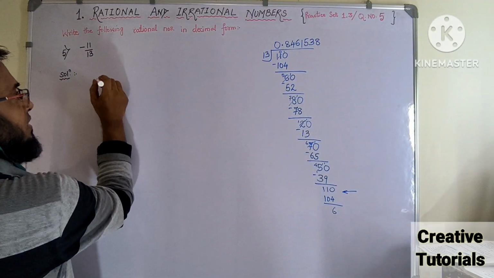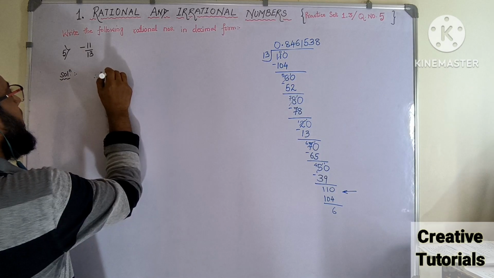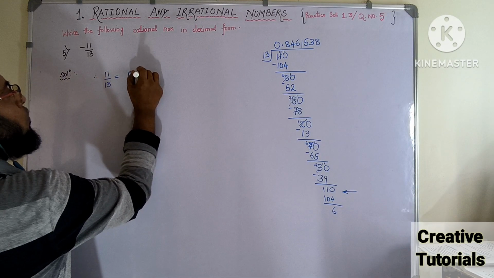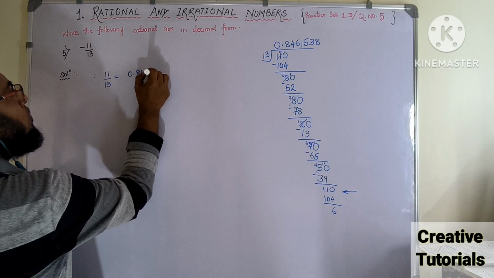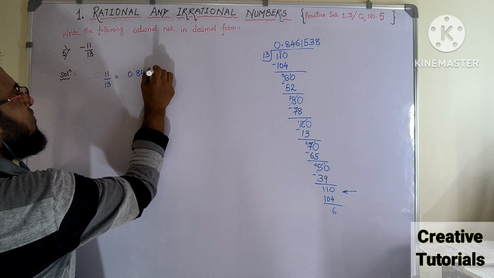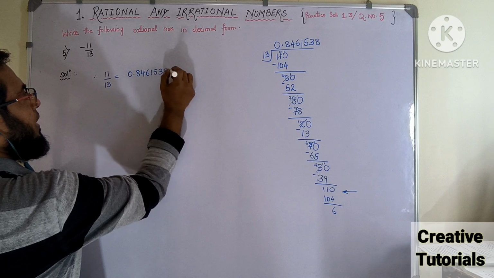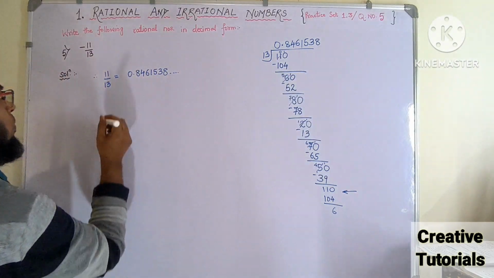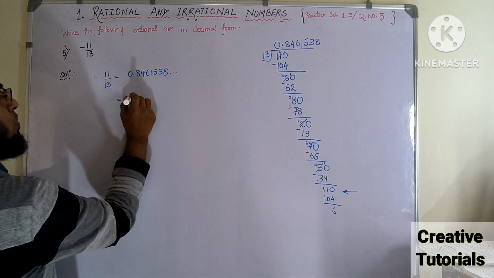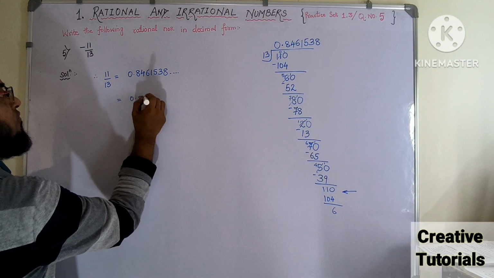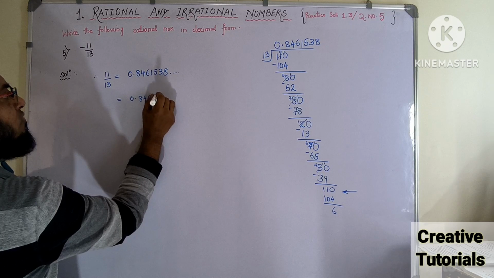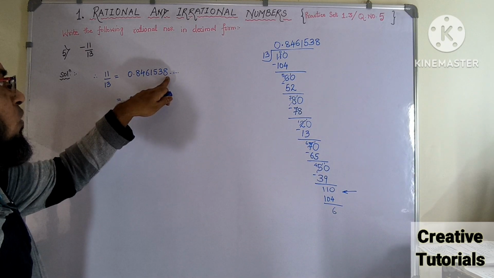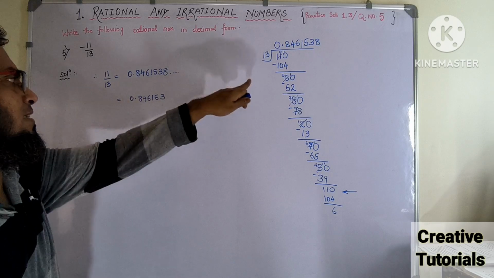So I will write my final step as: therefore 11 upon 13 is equal to 0.846153 dot dot dot. This will keep on going. So that is equal to 0.846153, and this digit is the one from where I will get the recurring digits.